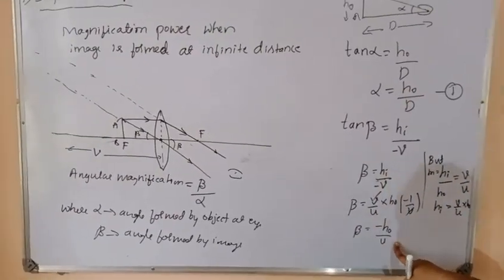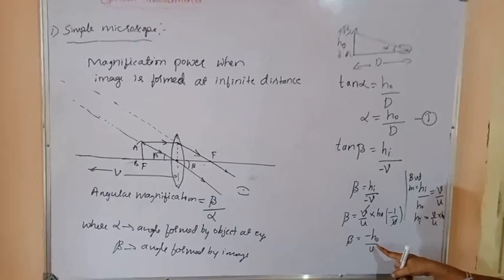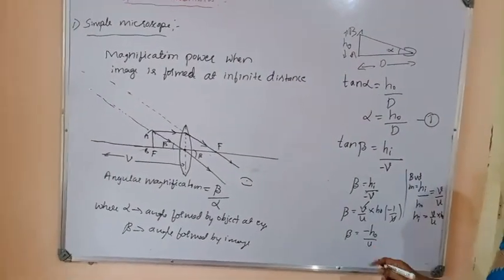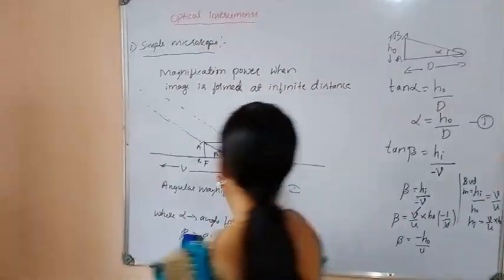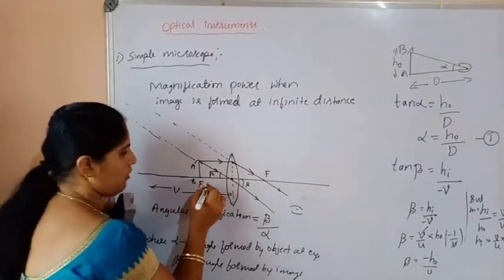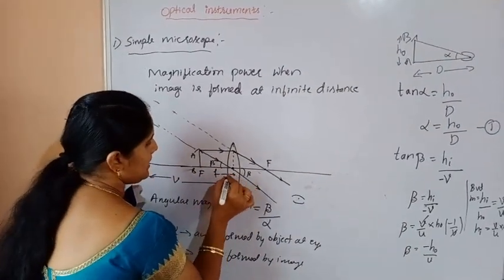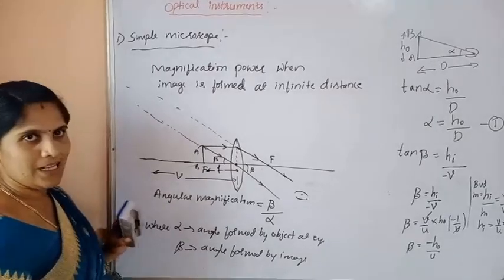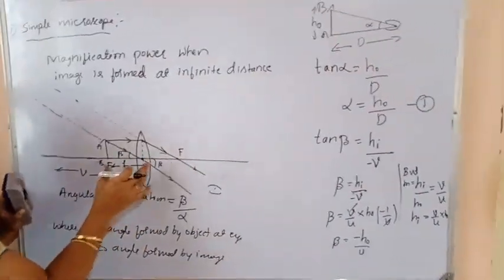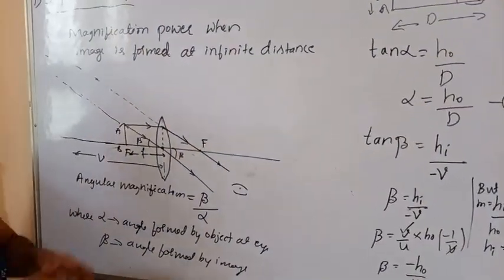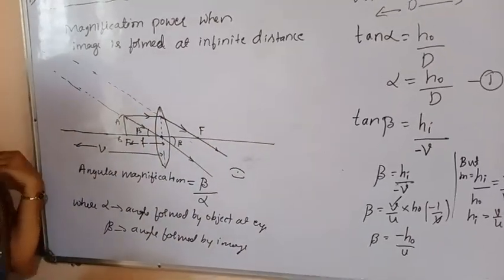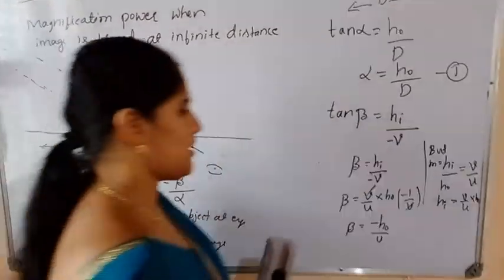Here U is the object distance. The object is placed at the principal focus, so this object distance is itself the focal length. But we consider this object distance as minus F because we measure it opposite to the direction of incident ray.